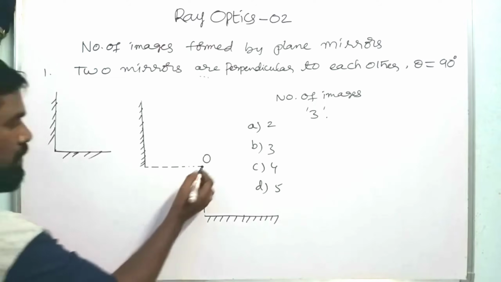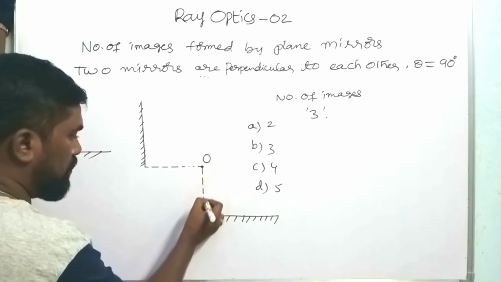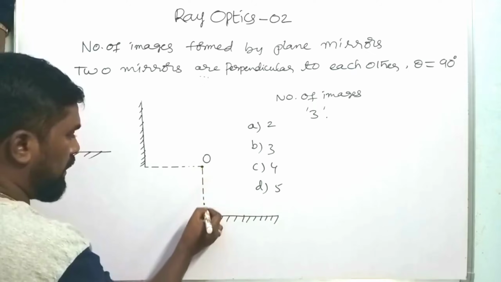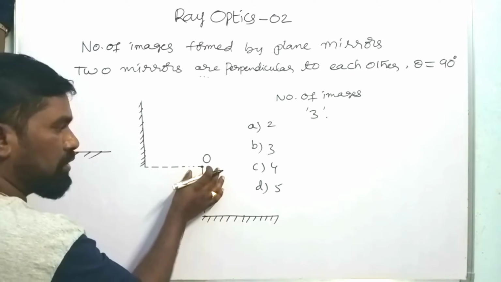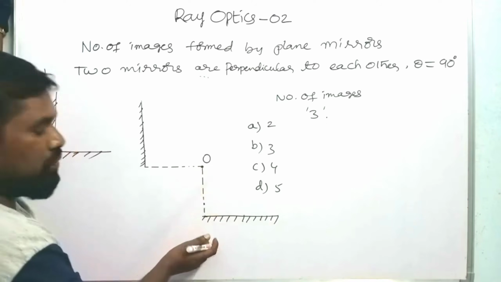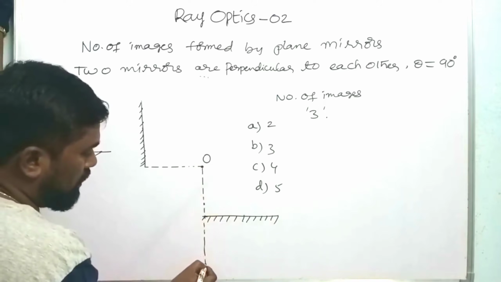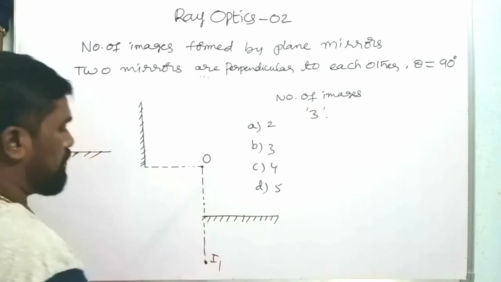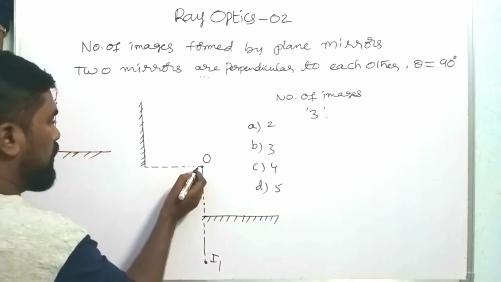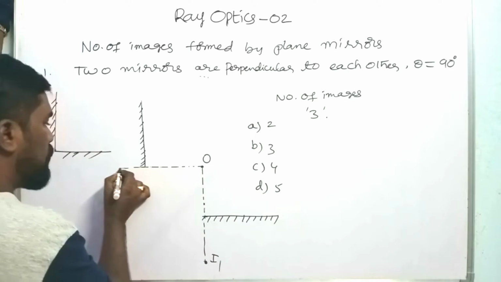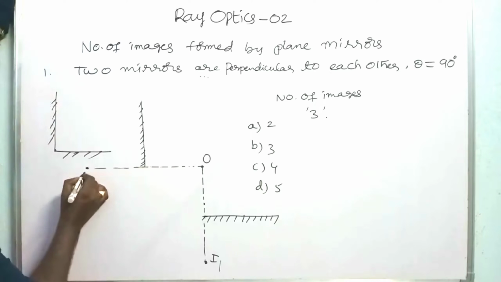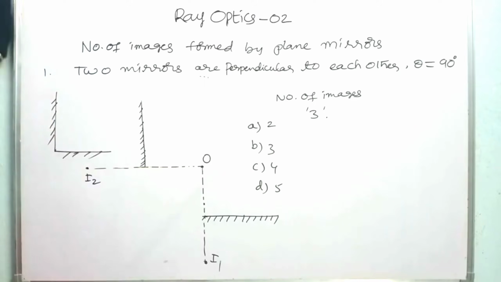Let us see. Here there is an object at a certain distance, and at that much distance the image will be formed. So here an image will be formed, that is I1. And similarly, at this much distance there should be an image formed, that is I2.